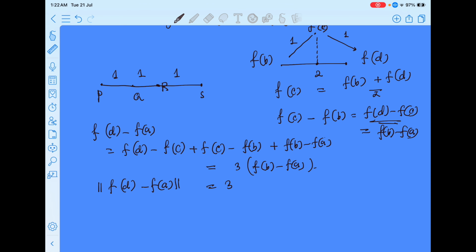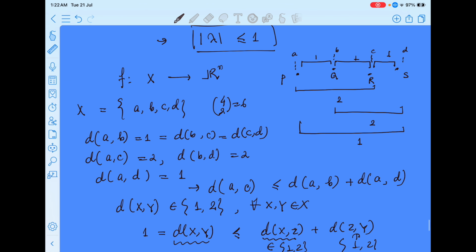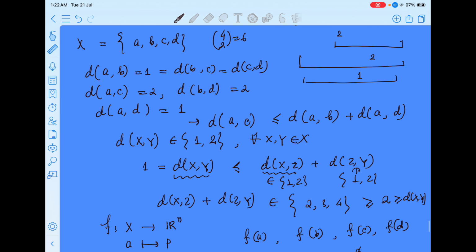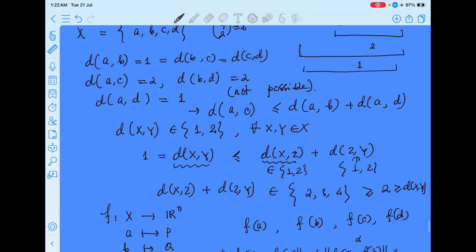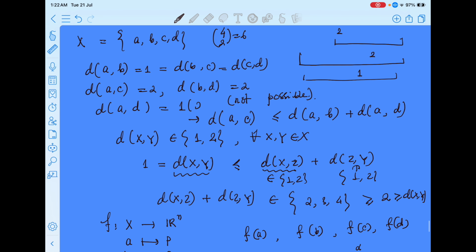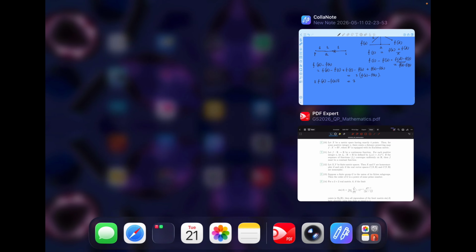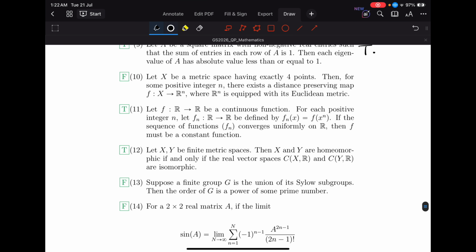This will be 3, but we defined this norm to be 1. It's not possible. So you can define 2 instead of 1. So this is not true.